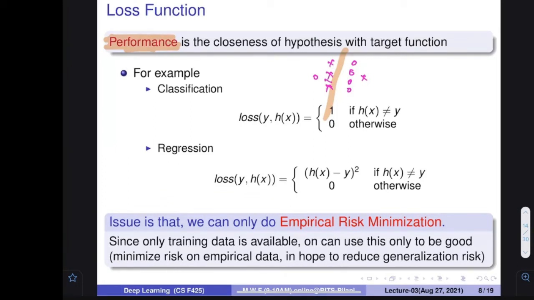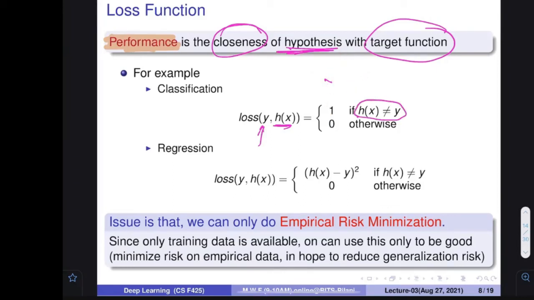So you want to find the closeness of your given function, that is called the hypothesis, with respect to the target function. To compute the loss for your particular function, you see at how many places your system does not give the right answer.